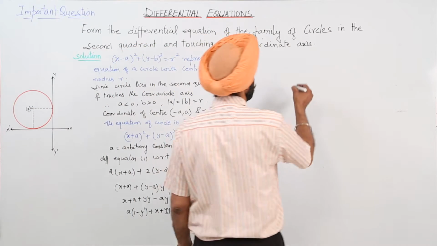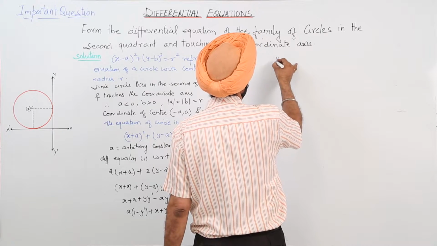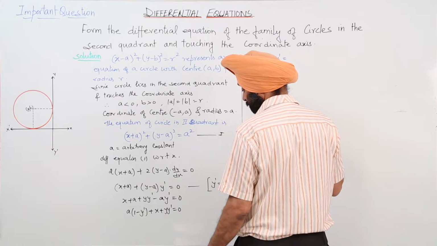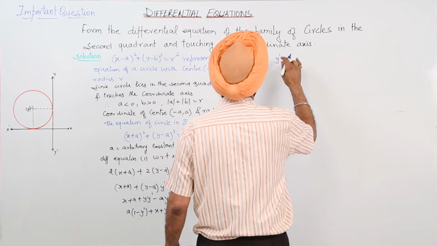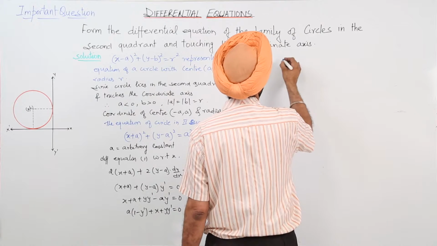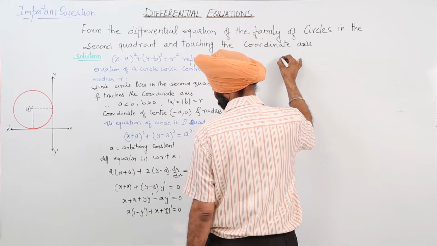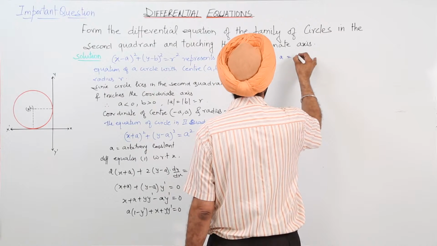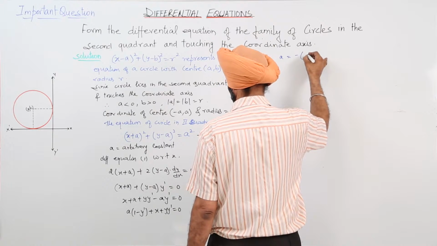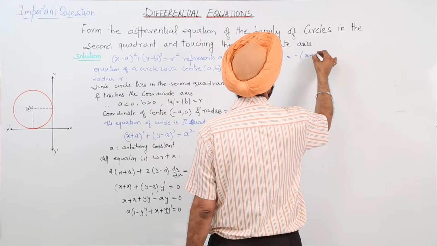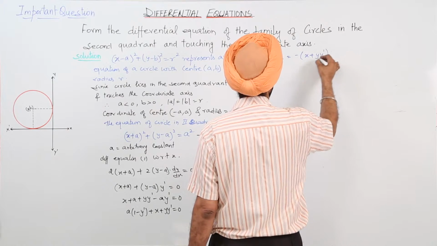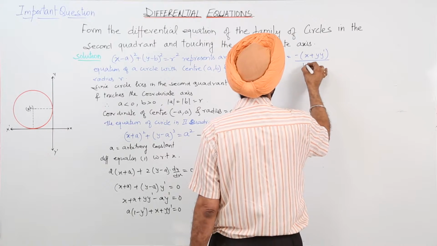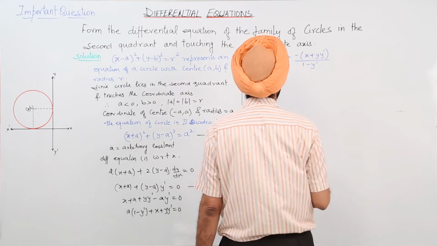Now, we are having a is equal to negative of (x plus y y') upon (1 minus y').